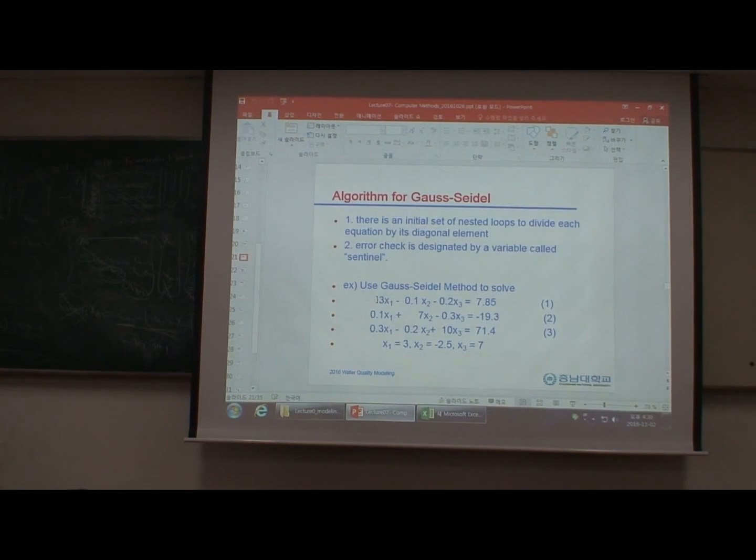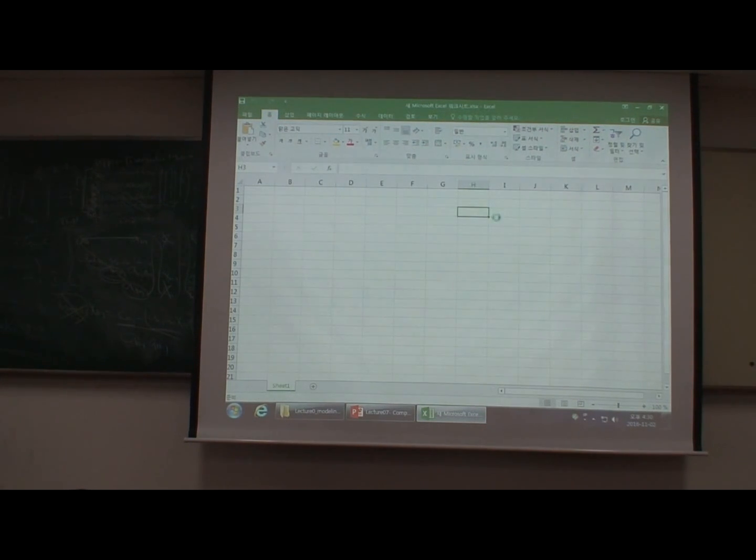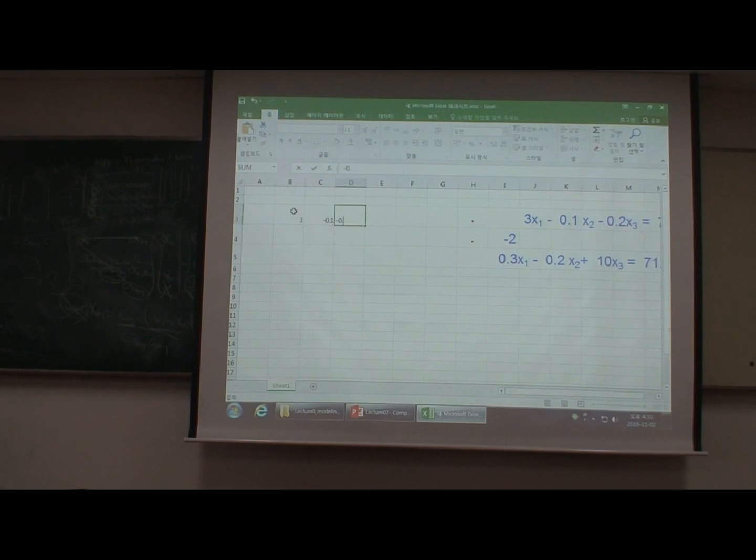And I want to use this information right here. I will just write the coefficients: minus 0.1, minus 0.3, 0.2, and 7.85.